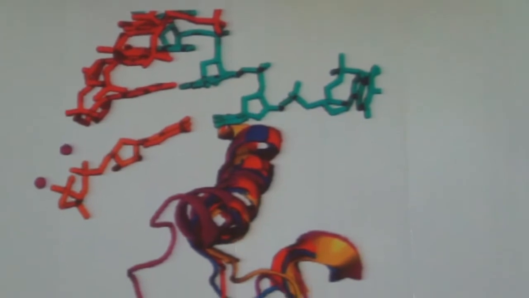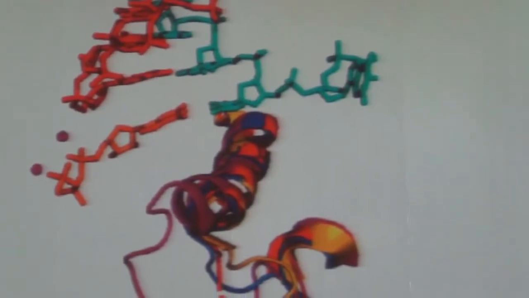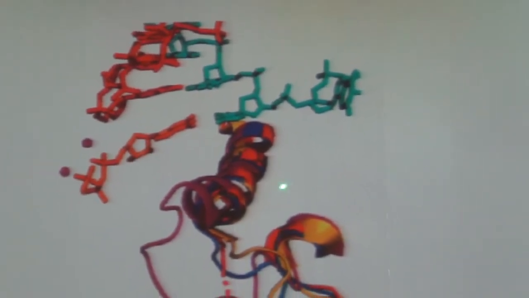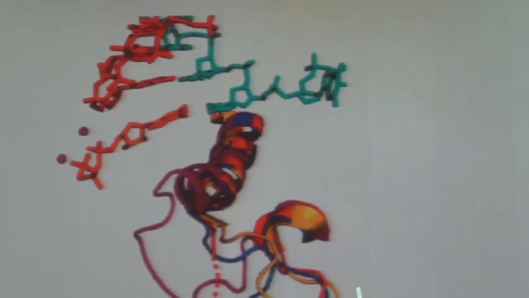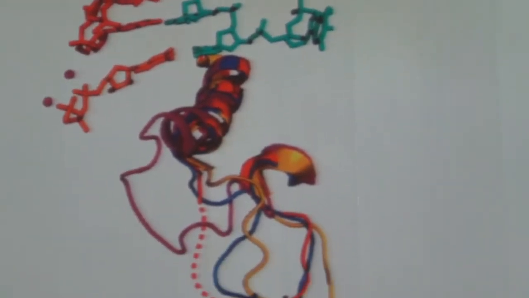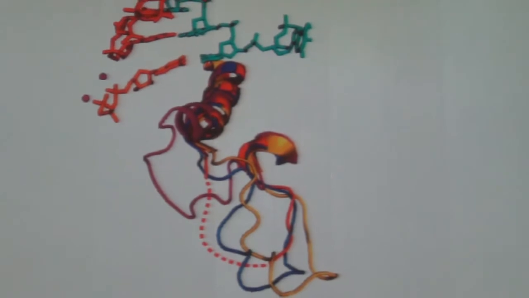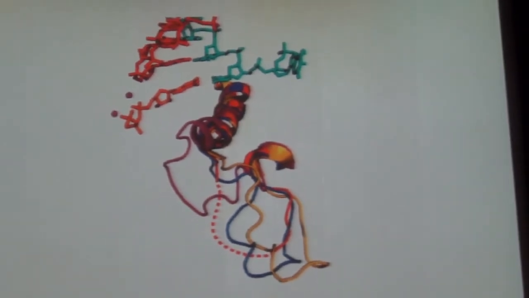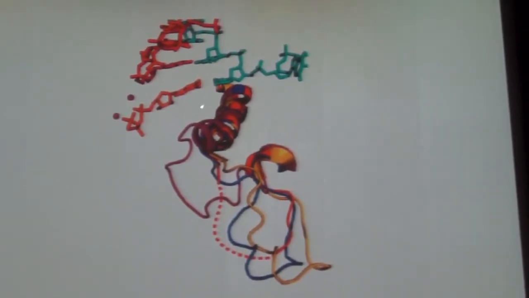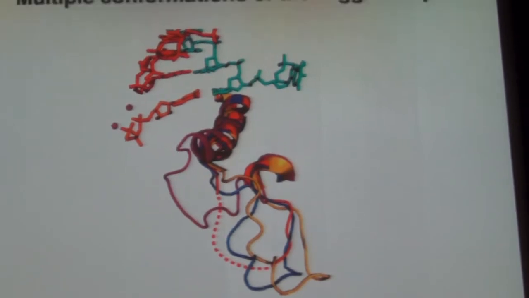chain. What we discovered about 5 or 6 years ago was an additional protein element, a component of the RNA polymerase that had not been seen earlier because of its degree of mobility. It is referred to as the trigger loop.